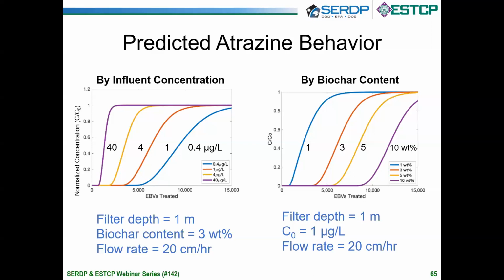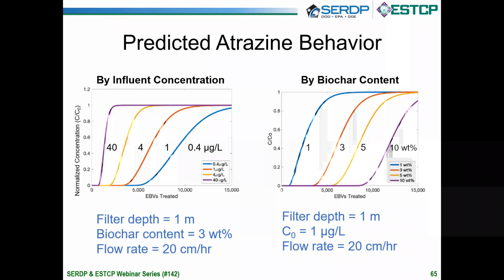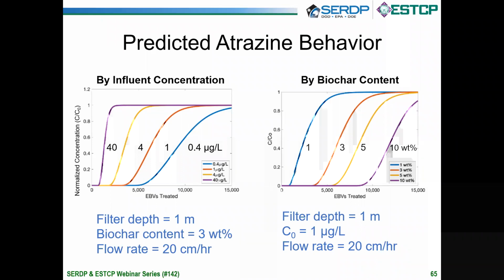Now biochar is not very heavy, and so when you get to about 5% by weight, you're getting close to a filter that has a lot of biochar in it by volume. And our consultant on the project, Scott Struck with Geosyntec, cautions that you'd like to be able to mix some coarse sand in with these materials to maintain the hydraulic performance.